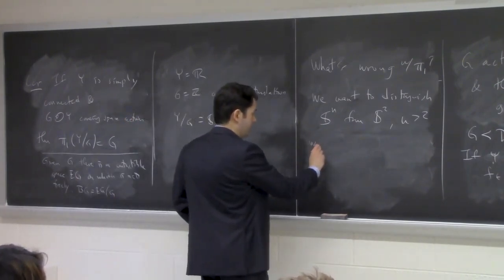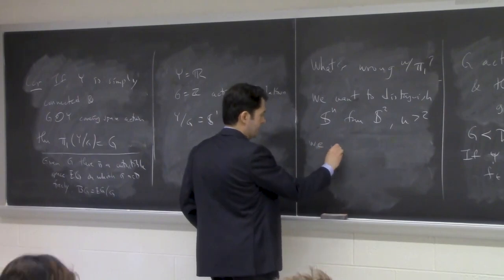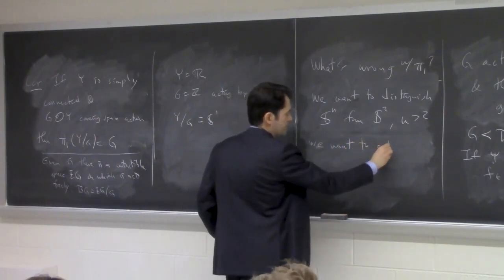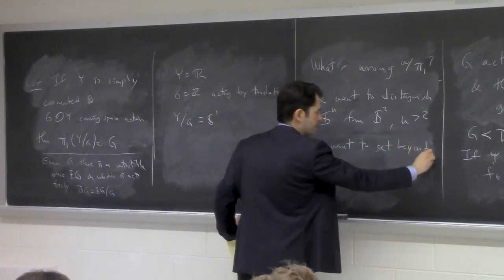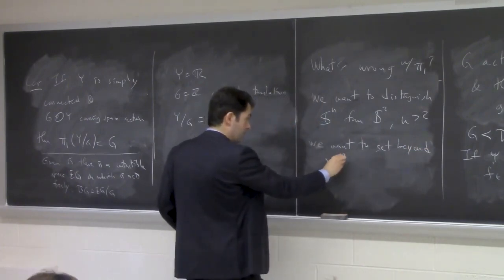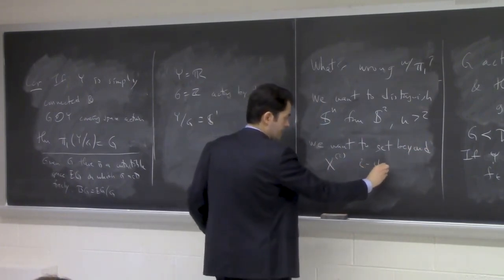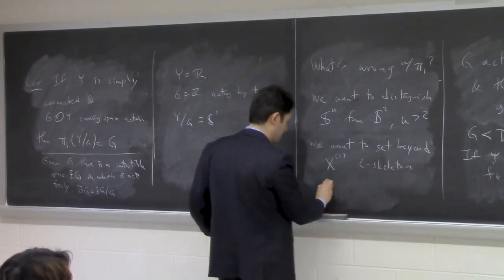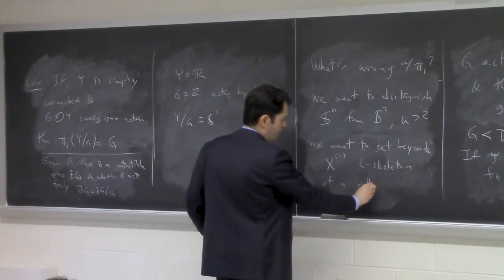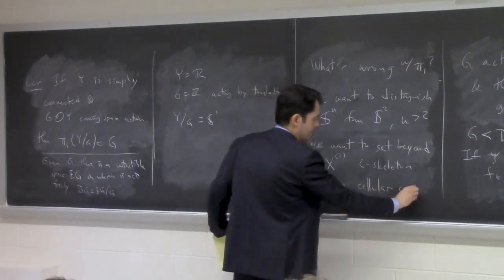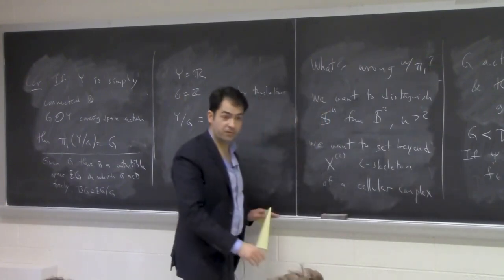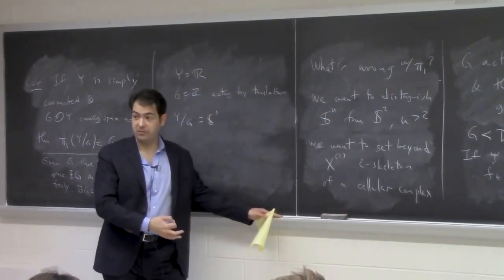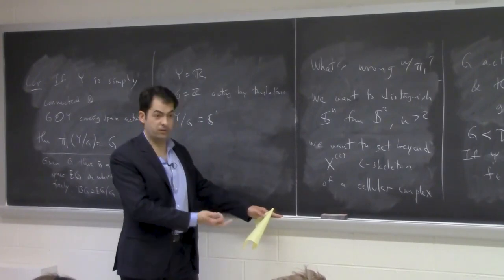We want to get beyond the 2-skeleton of a cellular complex. Right? So we saw that the fundamental group of a cellular complex is the same as the fundamental group of its 2-skeleton.